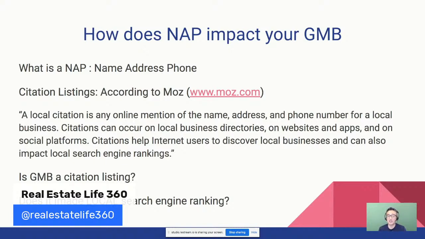Now, is GMB, Google My Business, a citation listing? I would say yes, because it's a citation on a social platform. It's kind of an in-between of a social platform and a directory.